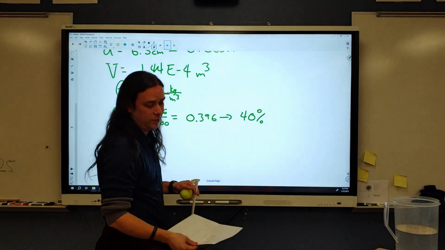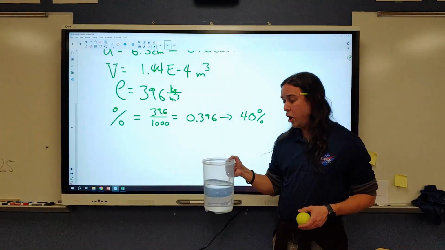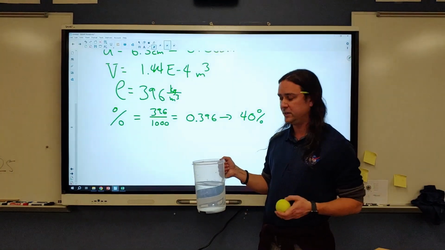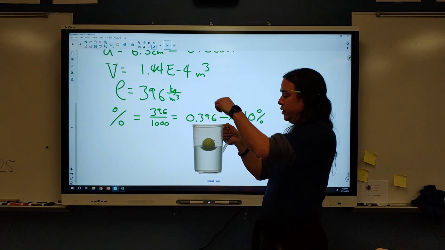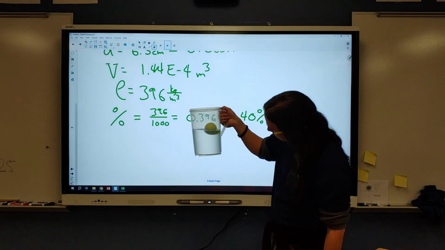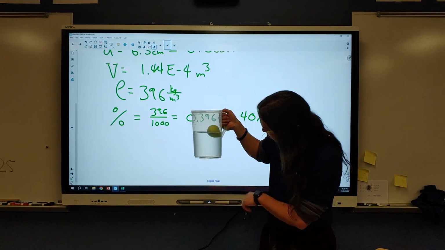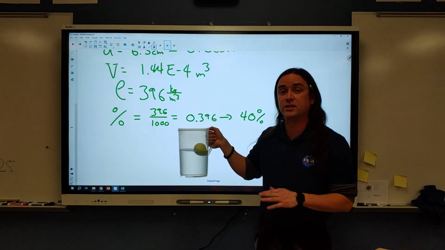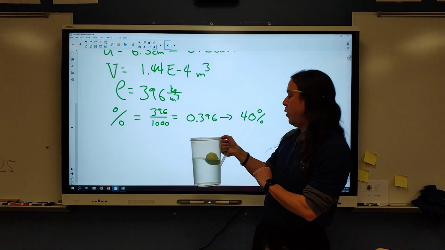I'm not going to be able to measure it that well, but we saw the wooden sphere had a little over half of it submerged. Now we predict the tennis ball will be a little under half submerged. So when I put this down in the water, hopefully you're able to see that. It looks about half submerged, but when I look at it, it seems a little bit wider above the water line. So I'd say that it's a little below halfway.